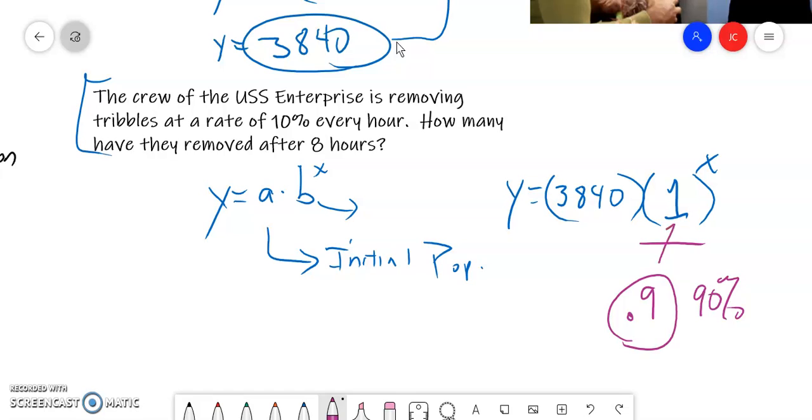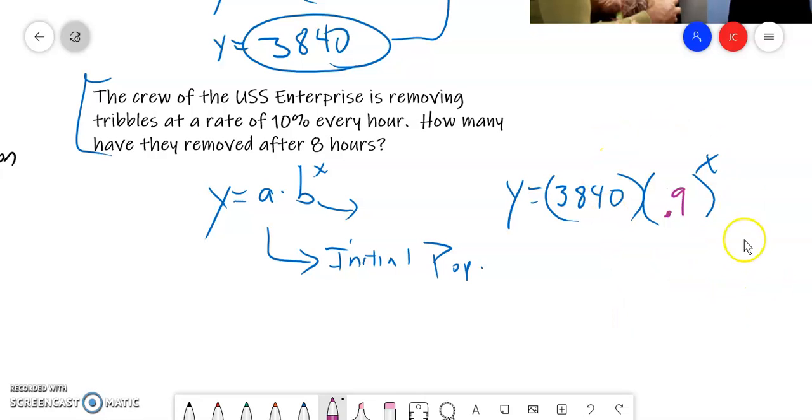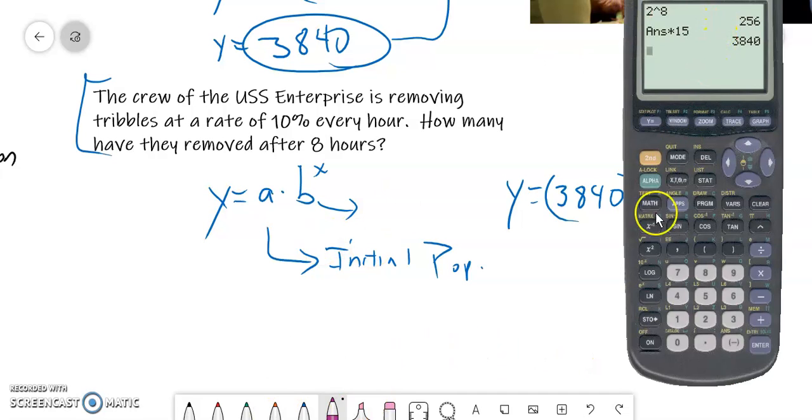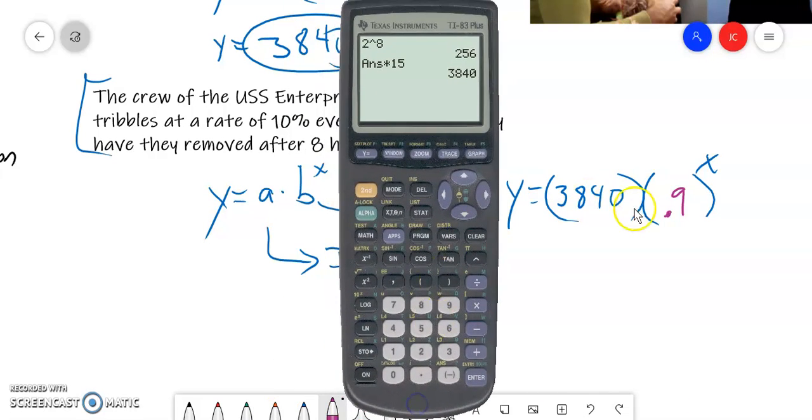So this is what we have to plug in right here. We're going to use 0.9 for this one. So of that 100% population, every hour there's 90% of the previous population. Hopefully that makes sense. I think it's sometimes kind of difficult to think about that way.